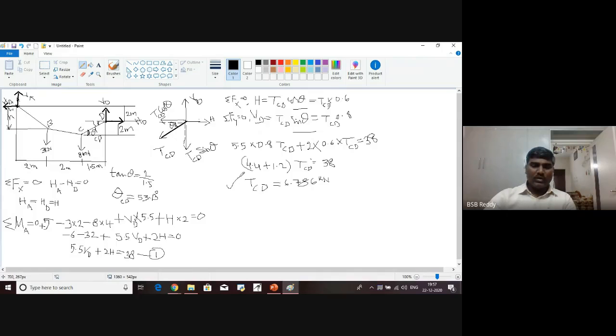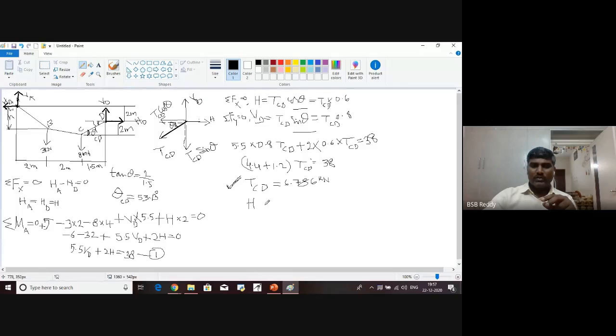Now what? You got TCD value. Substitute this TCD in the relations for H and VD, so that you will get H value and VD value.